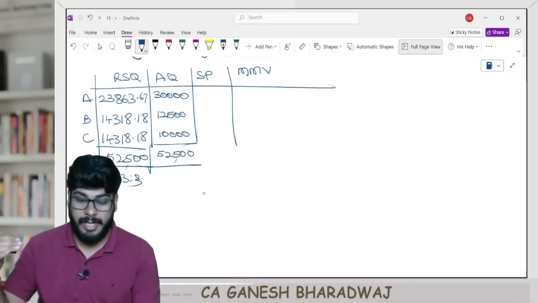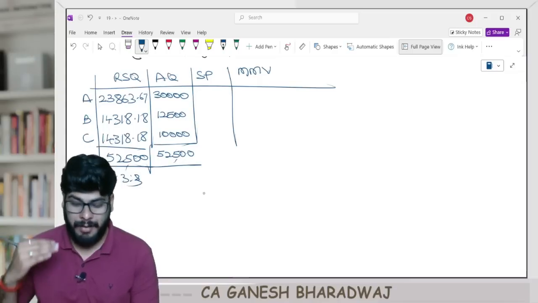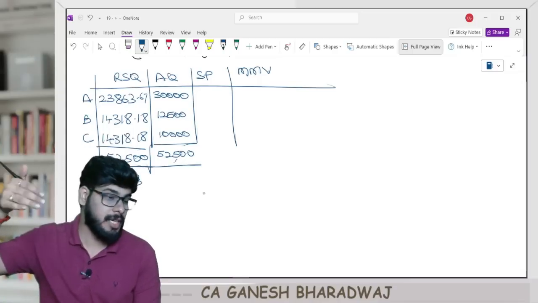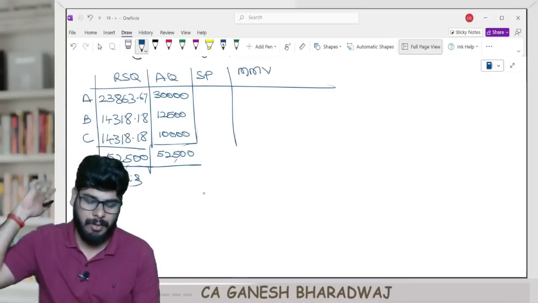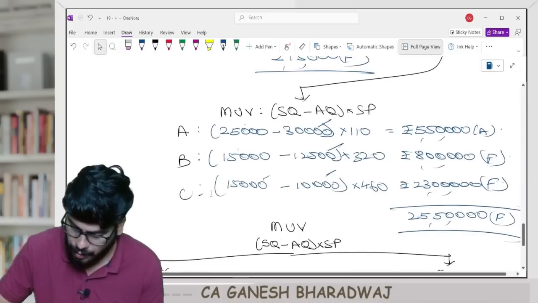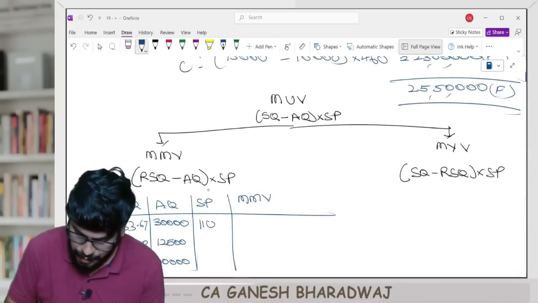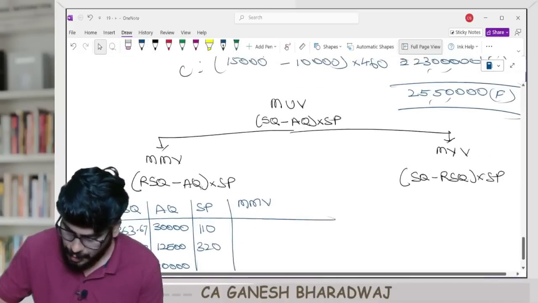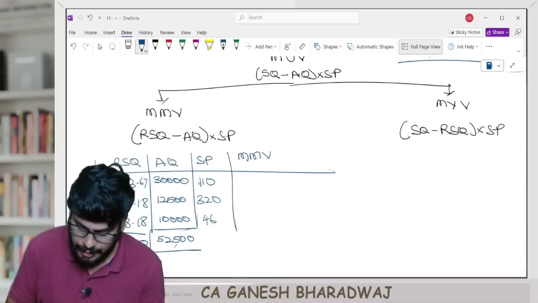So what we are doing is distributing the actual quantity in the standard mix. Are you clear with this? And then the standard price is already given in the question as 110, then 320, and then 460.